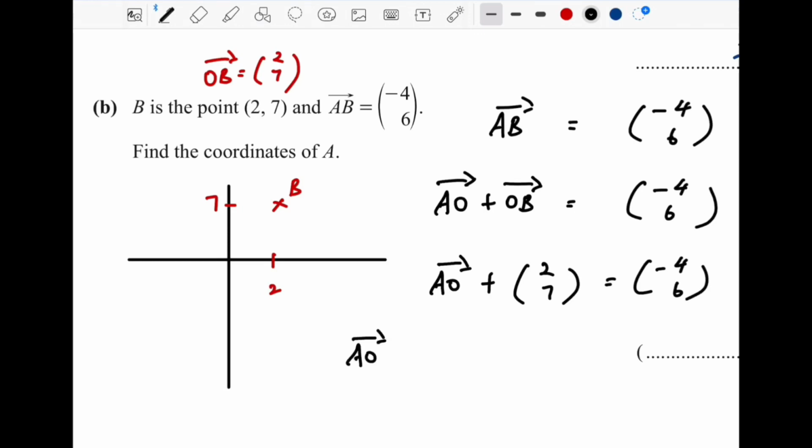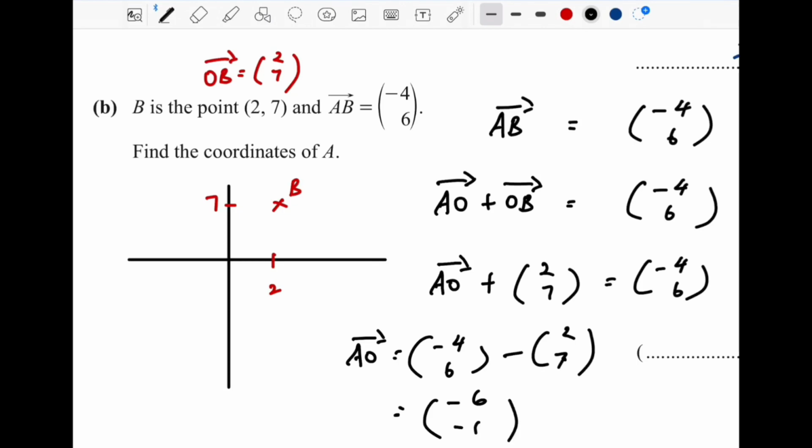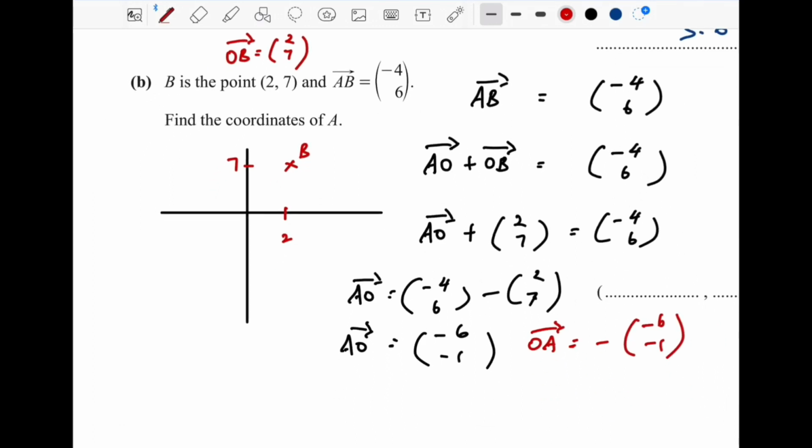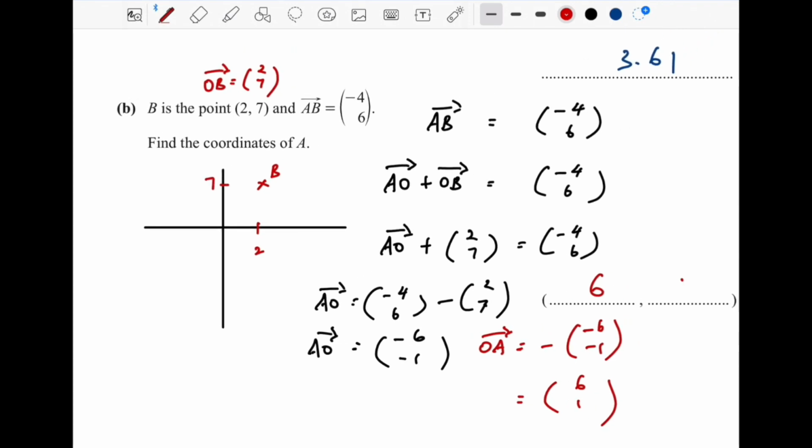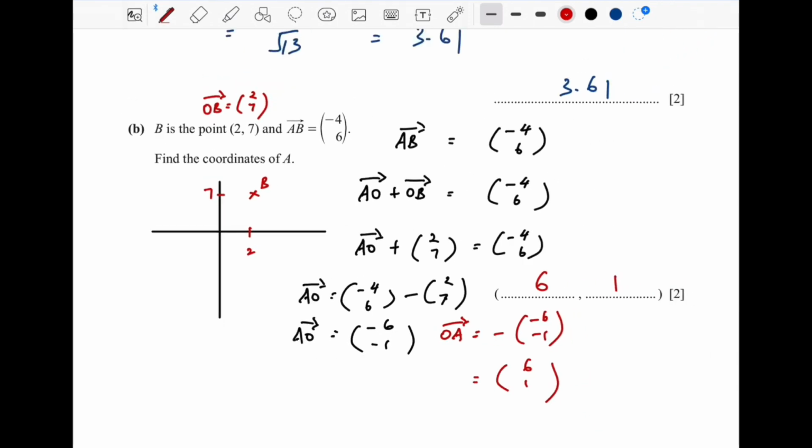And then AO equals -4, 6 minus 2, 7, which is -6, -1. That is AO. But what I want is OA. If you want to find OA, that is the negative of AO. So OA will be 6, 1, coordinate 6, 1. Start from O. That's the answer.